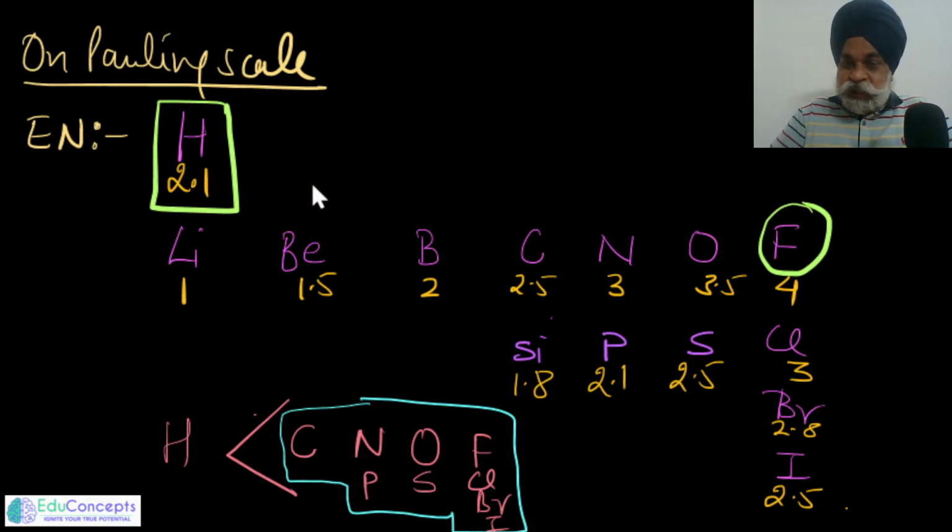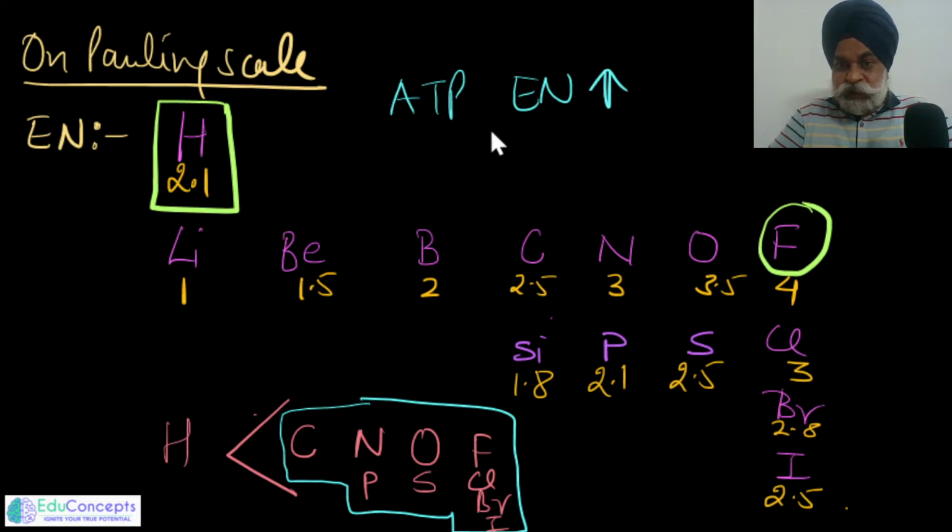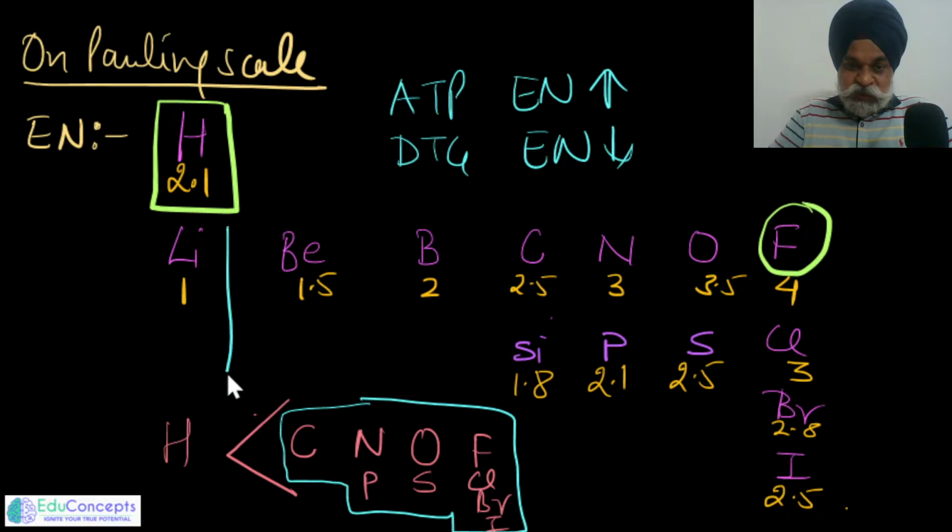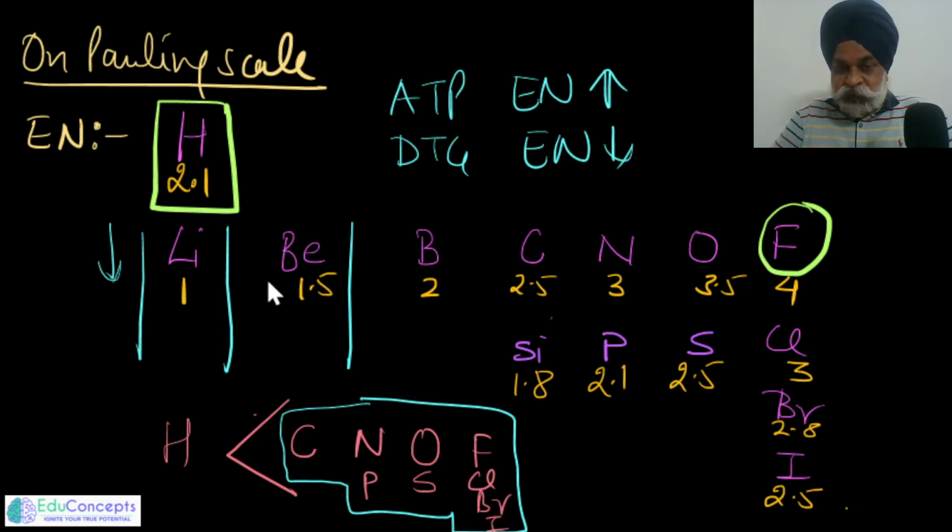And also, along the period, if I move, electronegativity increases, and down the group if I go, electronegativity decreases, because if I move down below the hydrogen, the electronegativity would be less, and beryllium has electronegativity 1.5, and as we move down, all the elements below lithium and beryllium would have electronegativity lesser than that of hydrogen.